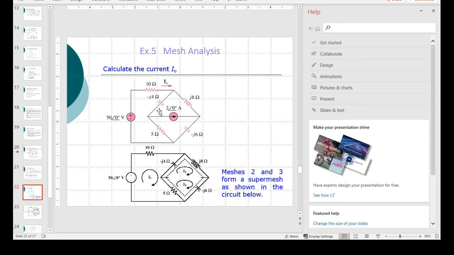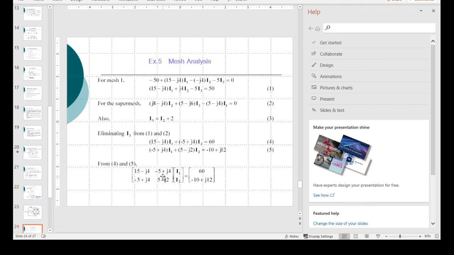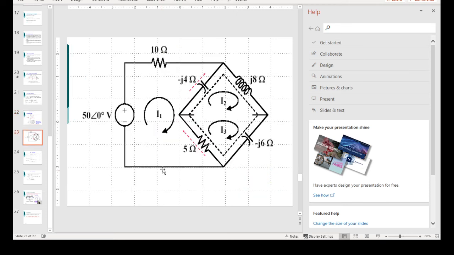If we apply the KVL equation to this, we can write the equation for that.